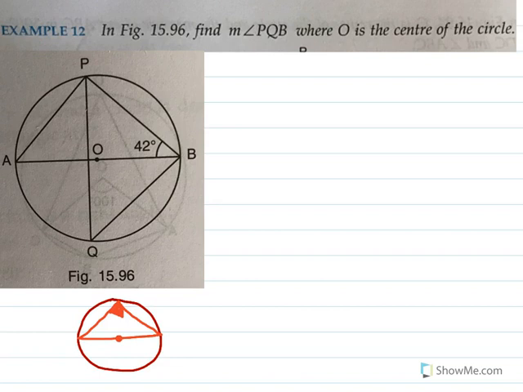Now let's see which is the angle in the semicircle here. So we have AB is the diameter. So we write that AB is the diameter. And the angle in the semicircle will be APB.